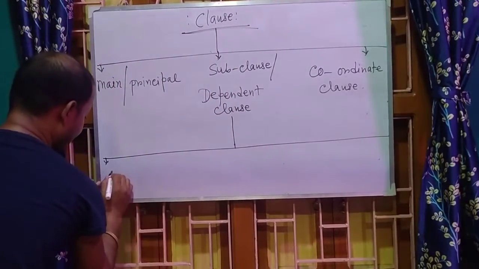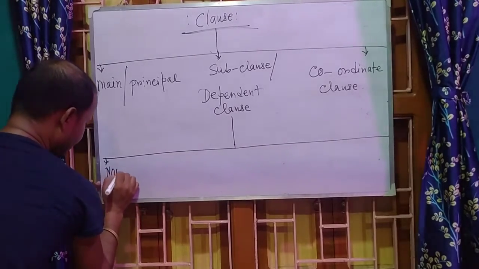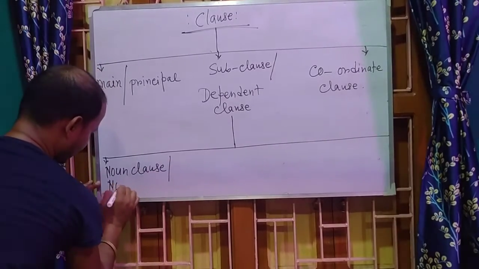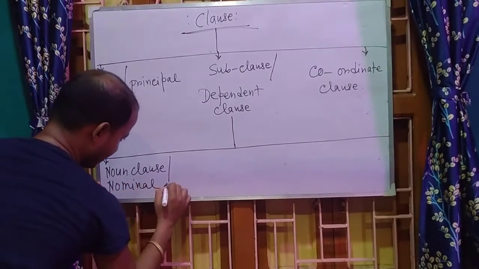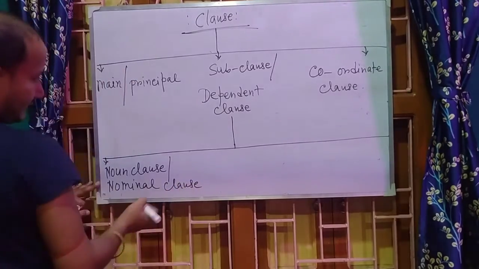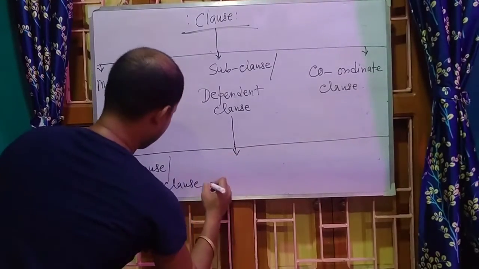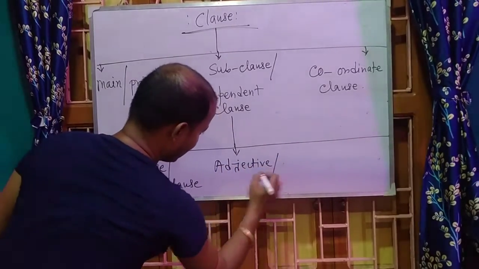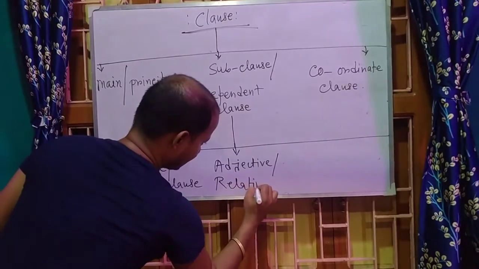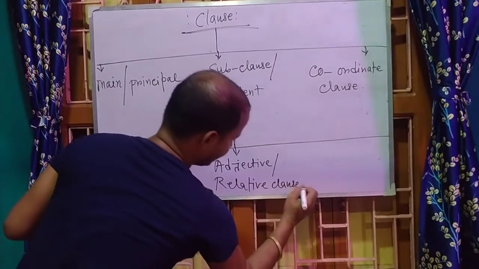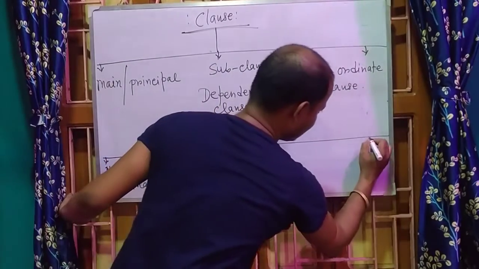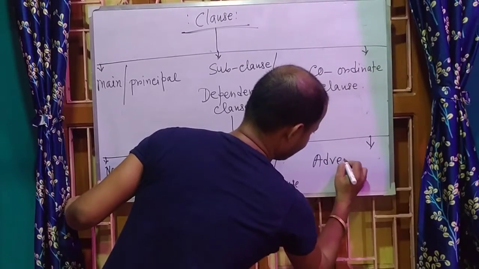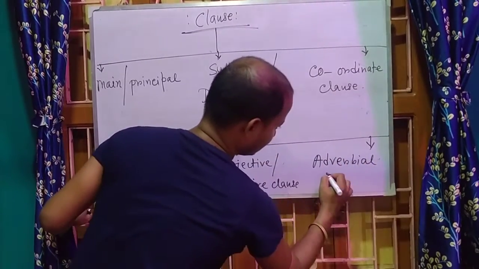Sub clause has three variations, namely noun clause or nominal clause, adjective clause or relative clause, and the last one is called adverbial clause.